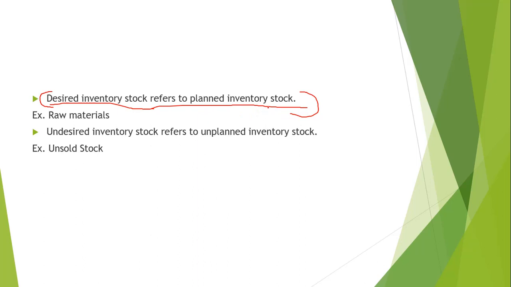But undesired inventory stock refers to the unplanned inventory stock: unsold goods which the producers don't know what to do with, whether to eat them or to throw them. So undesired inventory stock means those goods which are not sold and the producers don't know what to do with them.